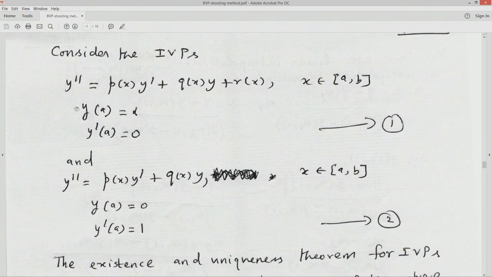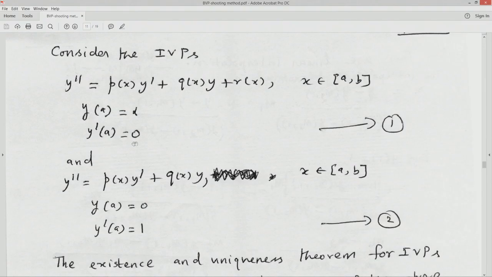So, this is essentially the condition that is prescribed at the left end point a in the linear boundary value problem. What is y dash of a? This I prescribe. I can prescribe it arbitrarily. So, I prescribe it to be such that y dash of a is 0. So, this is my first initial value problem. I hope it is clear to you.